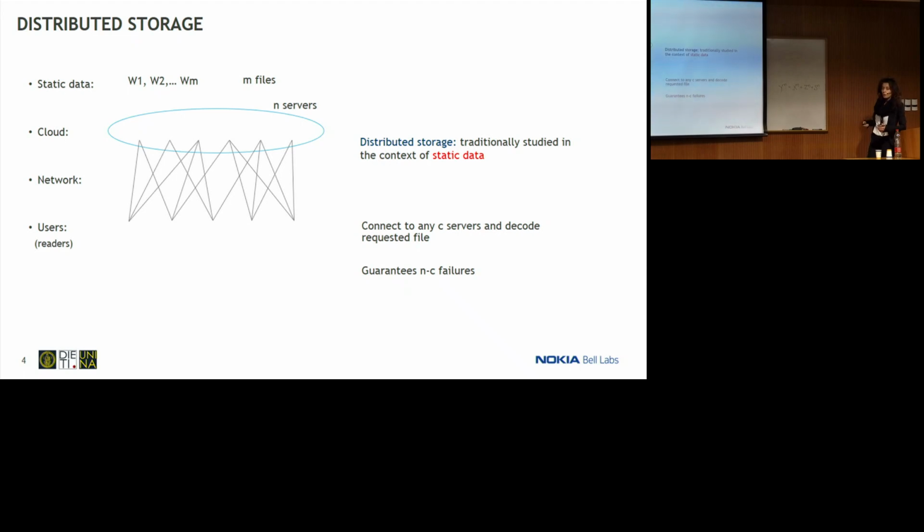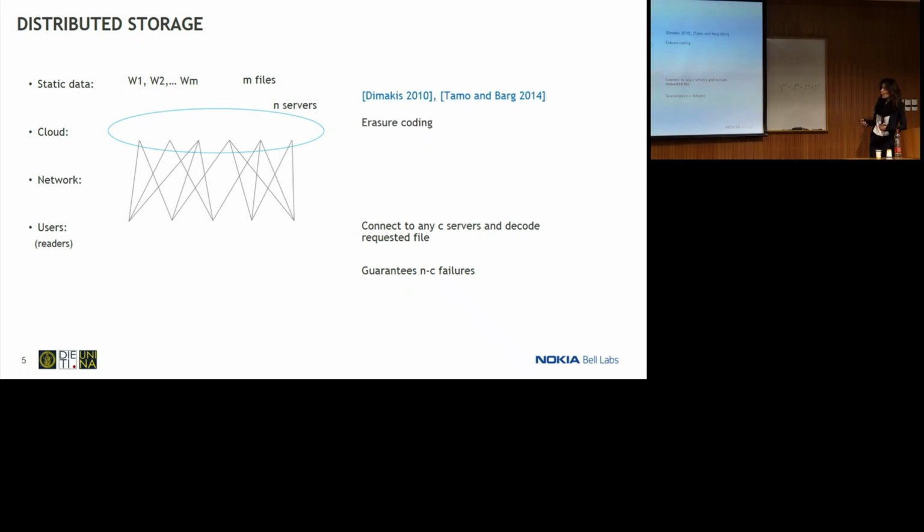Each server is going to store each file using an (n, c) code, so that when the user connects to any arbitrary subset of c servers, they are going to be able to decode the requested file. This approach guarantees n-c failures, in the sense that the user will be able to recover the file even if n-c servers fail.